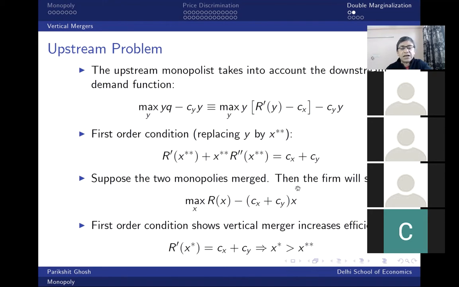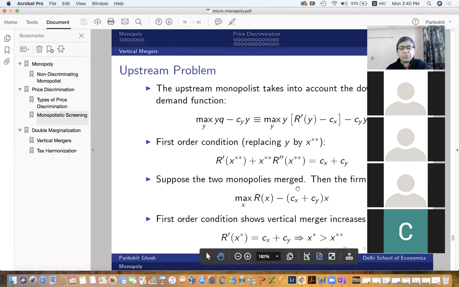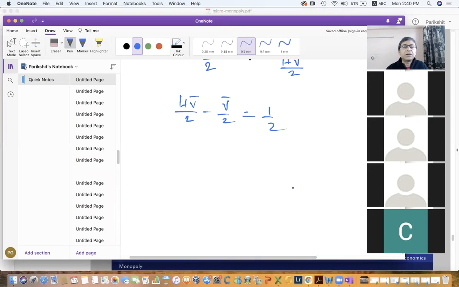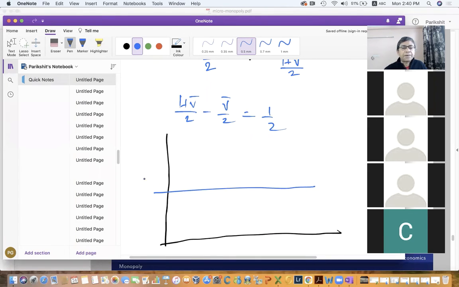You can easily see that by drawing a picture. So here's a line, Cx plus Cy.